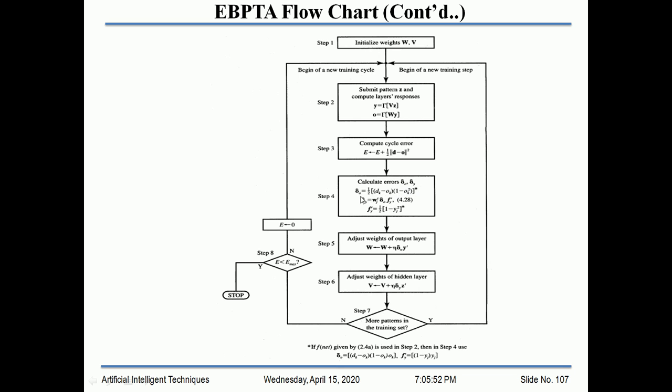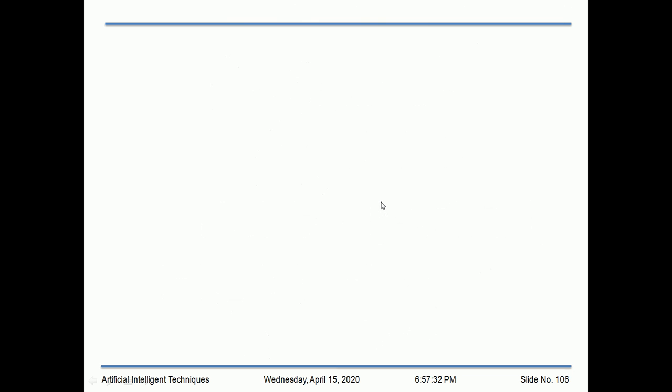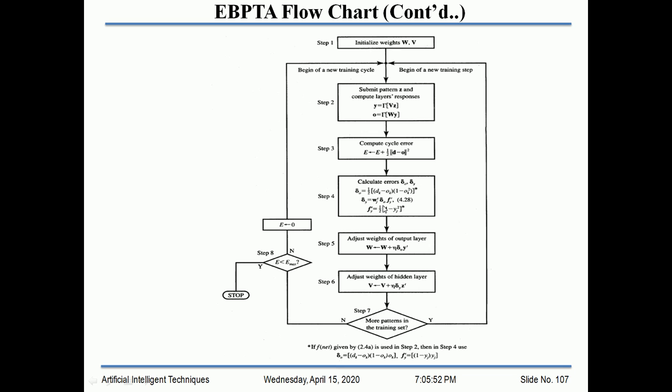Delta ok is half into (dk minus ok) into (1 minus ok squared), and delta yj is half into (1 minus yj squared) into sigma delta ok into W. Right?